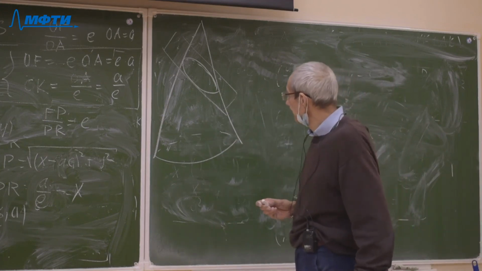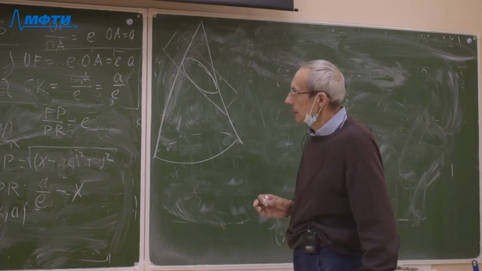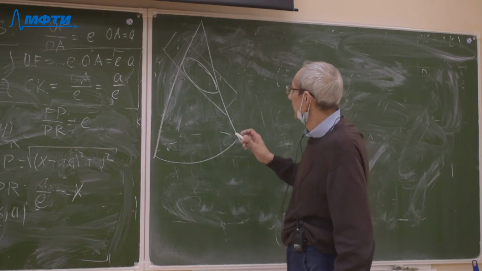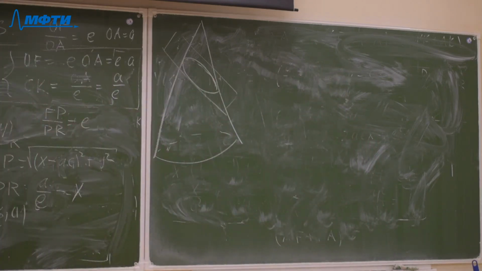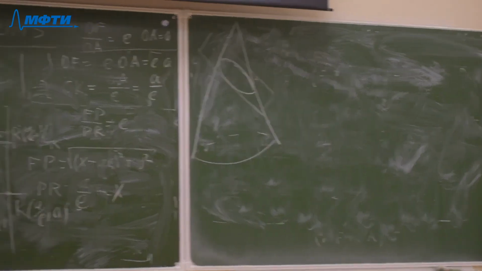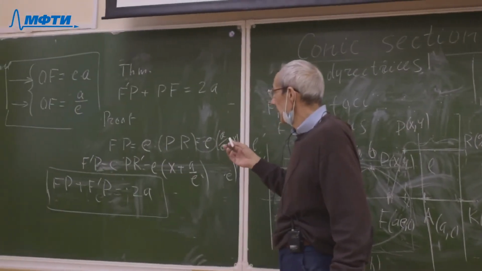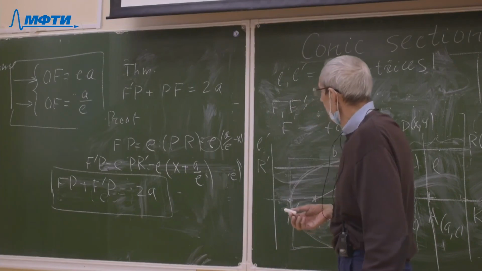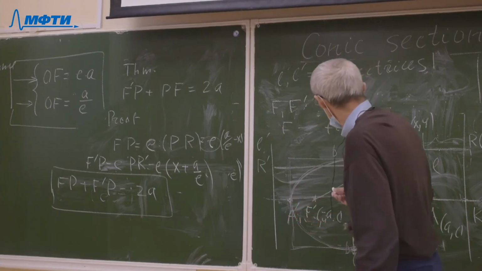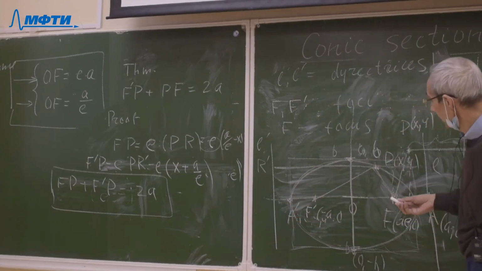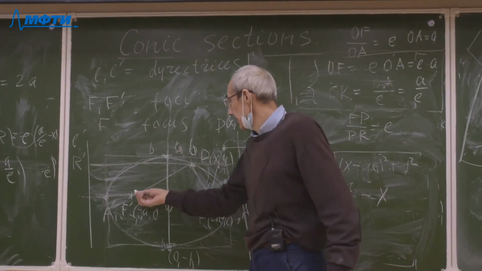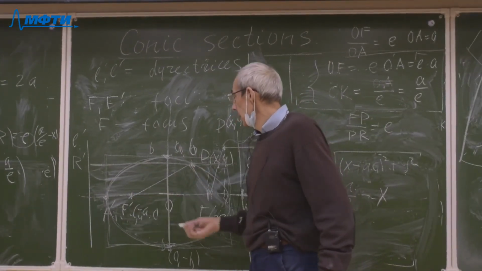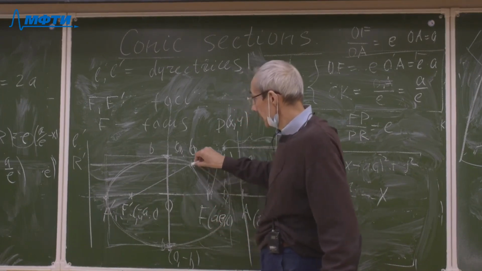And maybe a little later we obtain that we also can define the ellipse as a locus of the moving point which has the following property: the sum of the distances to the fixed points, foci, is constant.